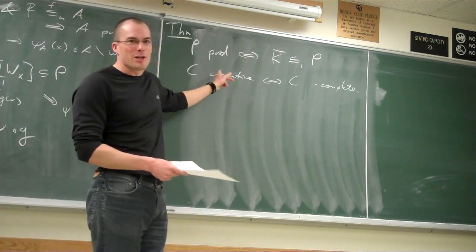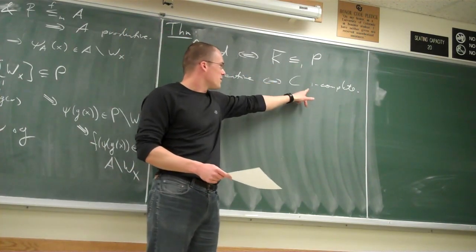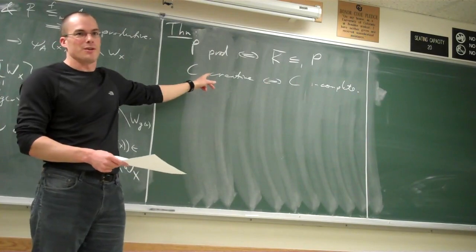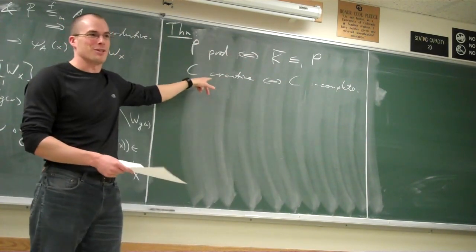And so complement of creative exactly means that K bar reduces to U. K bar reduces to U exactly means you're creative. And I said it wrong again. K reduces to U exactly means that you're creative.